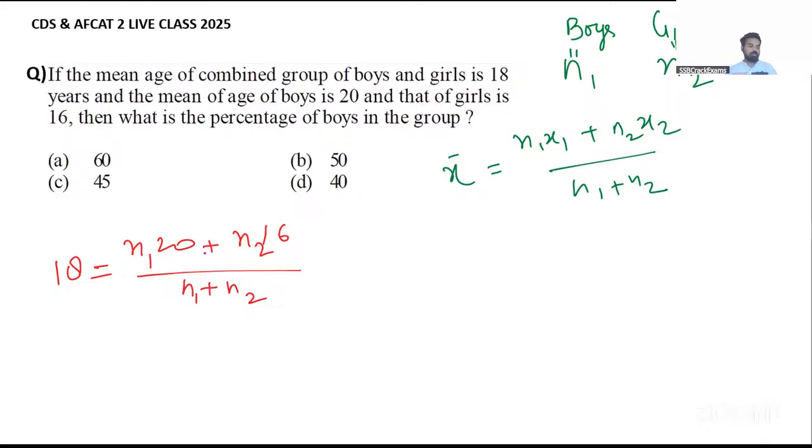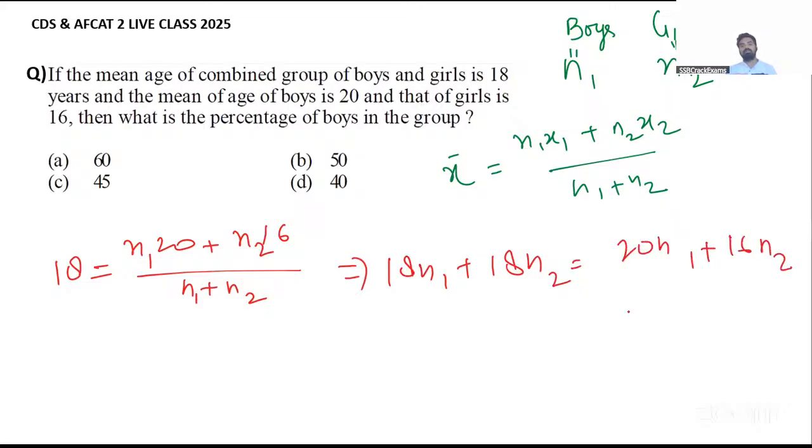So from here, what we can do is 18 N1 plus 18 N2 is equal to 20 N1 plus 16 N2. Take N1 and N2, bring N2 this side, then you will get 2 N2 is equal to 2 N1, which means that N1 is equal to N2.